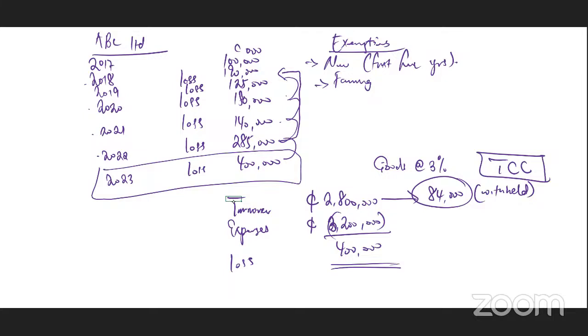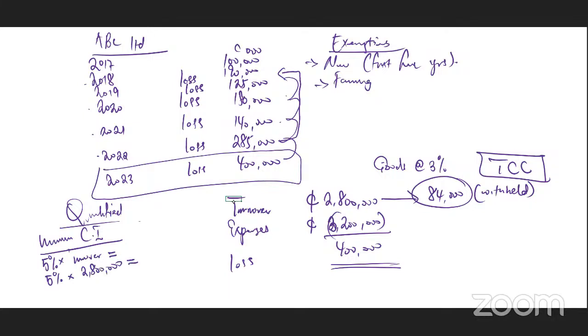So now that we have this, this guy has qualified for the minimum chargeable income regime. So we are now going to take his minimum chargeable income, which will be how much? Minimum chargeable income will be 5% of his turnover. 5% of turnover, which is 5% by 2.8 million, right?